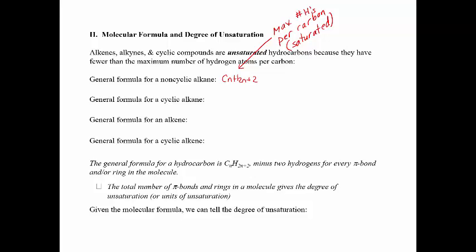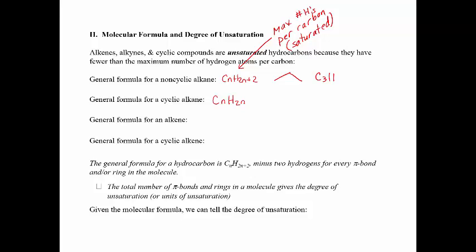Now, if we take that alkane and we put it into a ring, we change the formula here. Now we have CnH2n. So we've dropped 2 hydrogens. Let's see how that works. Let's try a 3-carbon chain here. That is C3. Let's count hydrogens: 1, 2, 3, 4, 5, 6, 7, 8.